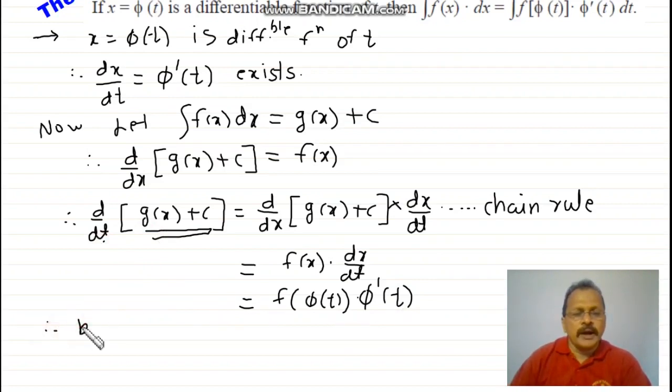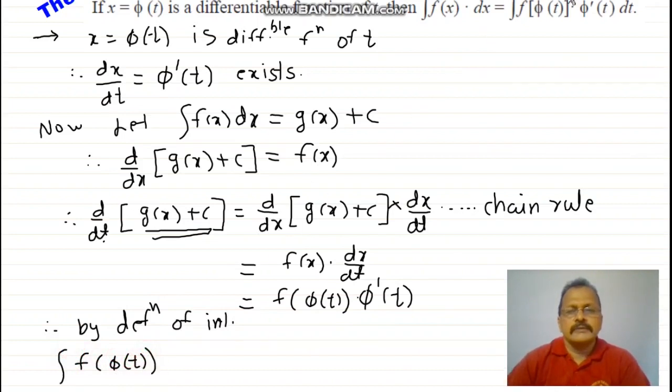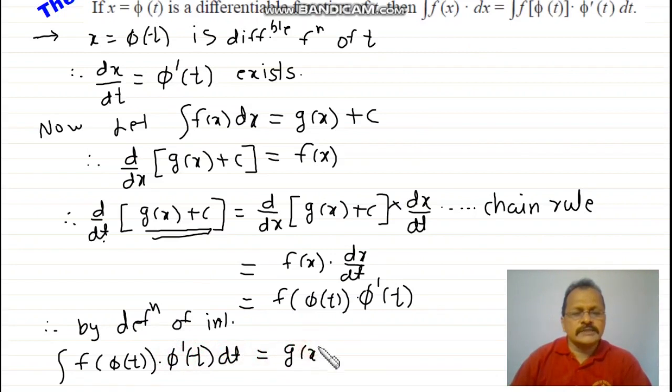Therefore by definition of integration, integration of f of phi t into phi dash t dt is equal to gx plus c. I will repeat. If derivative of one function is other, then integration of this other function is the first one. Used this fact.